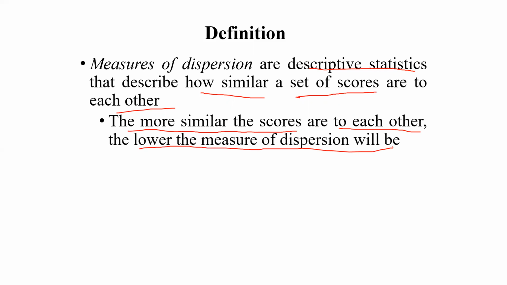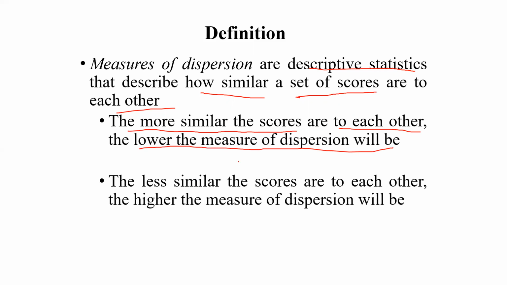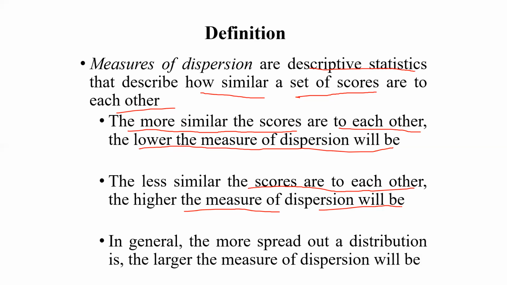Some other conceptual points: the less similar the scores are to each other, the higher the measure of dispersion will be. In general, the more spread out a distribution is, the larger the measure of dispersion will be. This is the simple meaning of measures of dispersion.